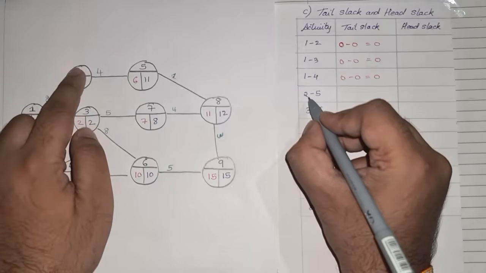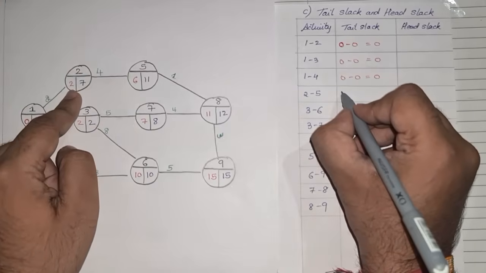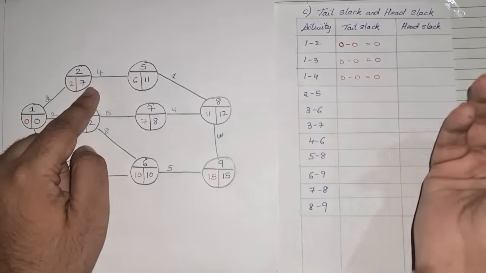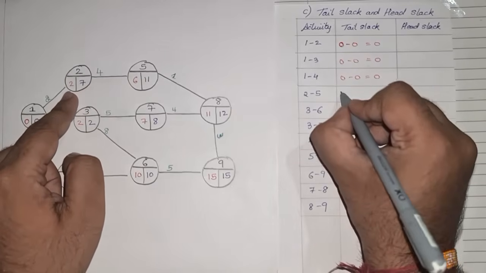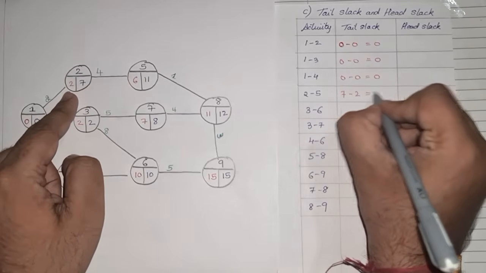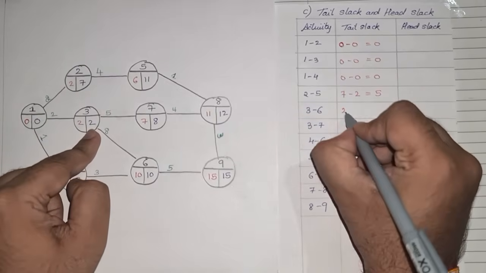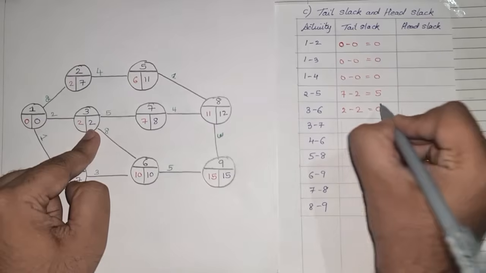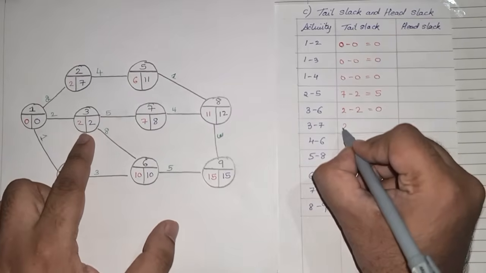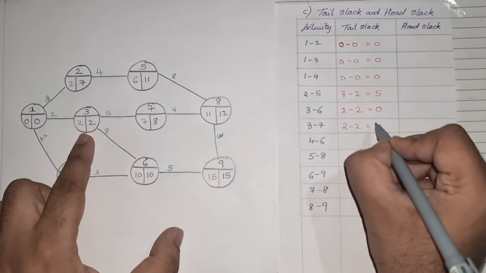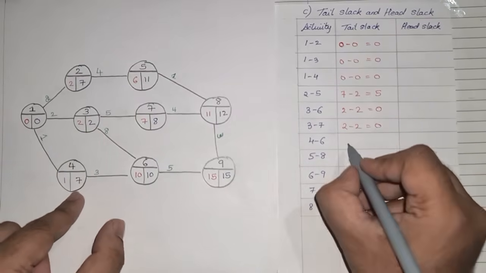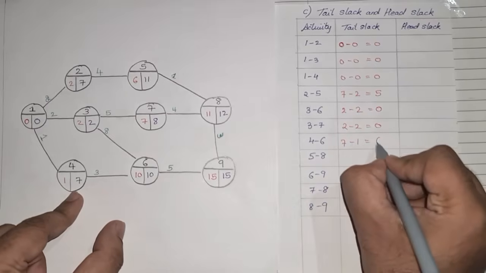For activity 2, it will be the latest minus the start, so 7 minus 2, which is 5. For activity 3, it will be 2 minus 2, which is 0. For activity 3 again, 2 minus 2, which is 0. For activity 4, 7 minus 1, which is 6.